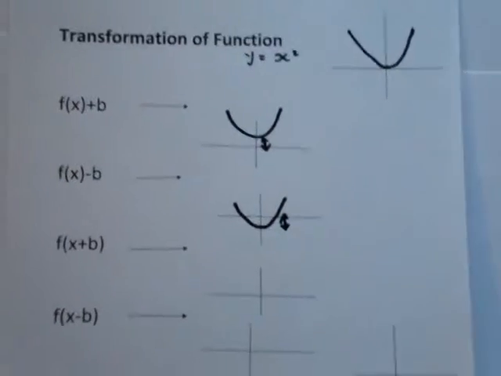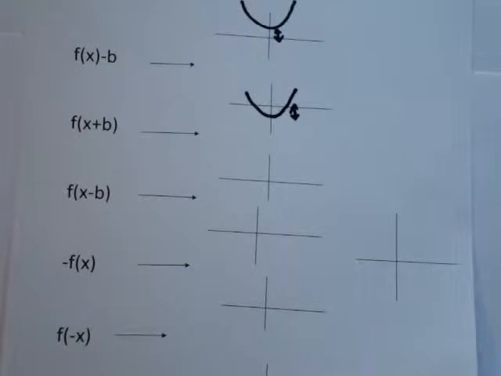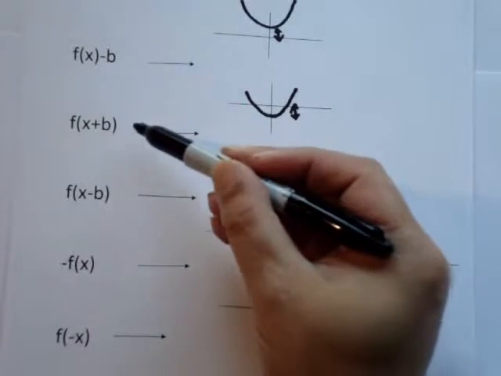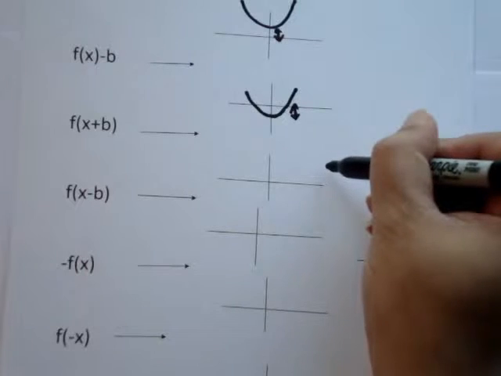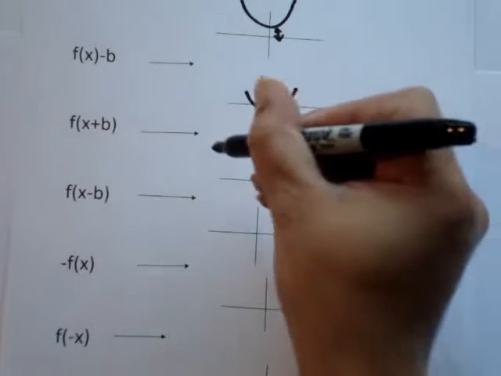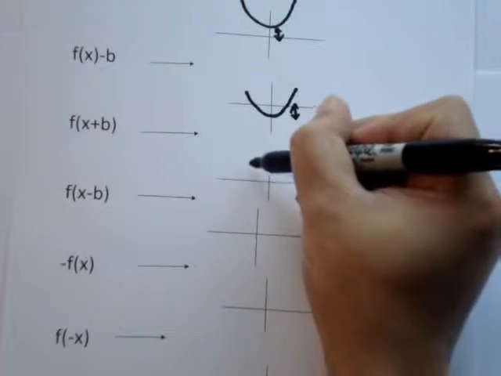In this case, it's a little bit more complicated. We have to remember this is a horizontal shift, and when it's plus b, it's not in this direction, which is right. It's shifted to the left by b units.